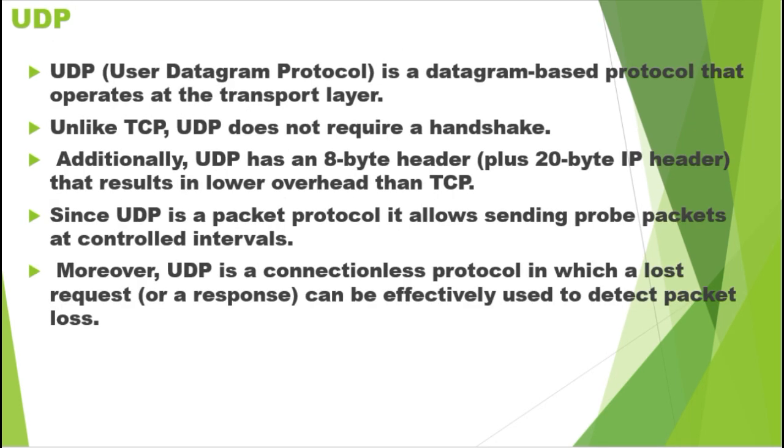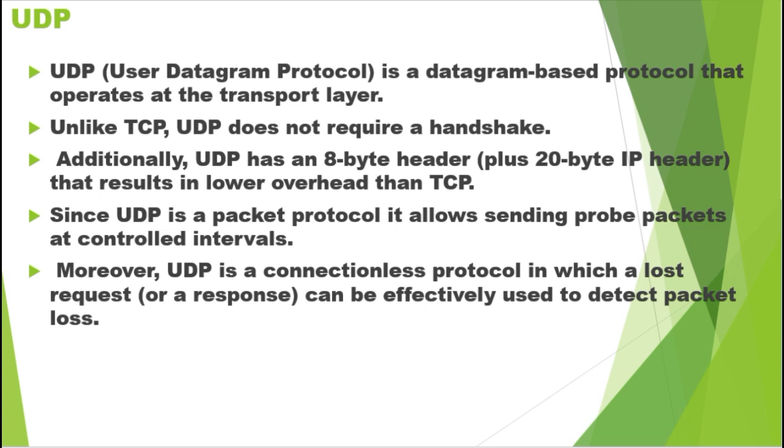The next protocol that can be used for active monitoring is UDP, or User Datagram Protocol. This is a datagram-based protocol that operates at the transport layer. Unlike TCP, UDP does not require a handshake.